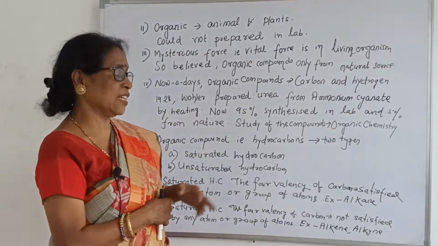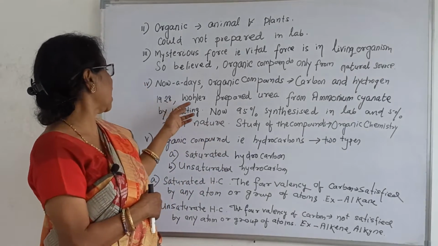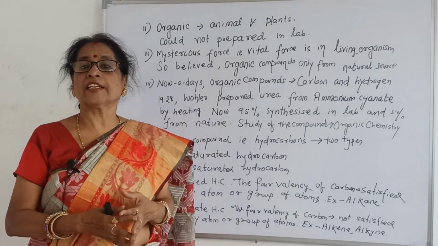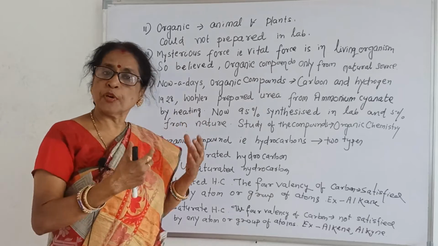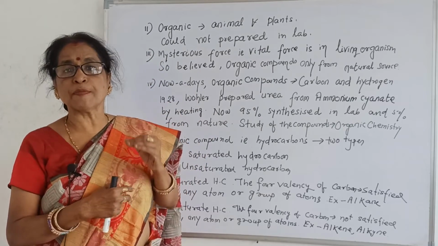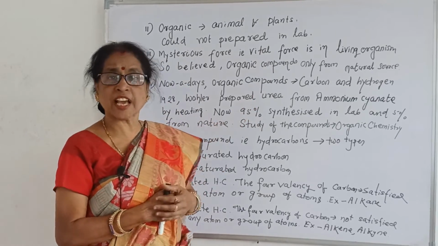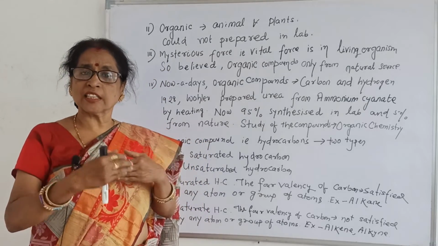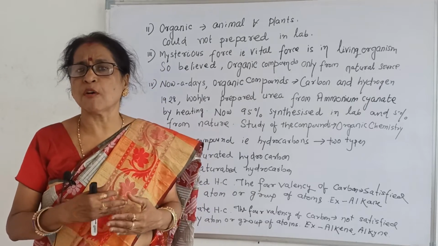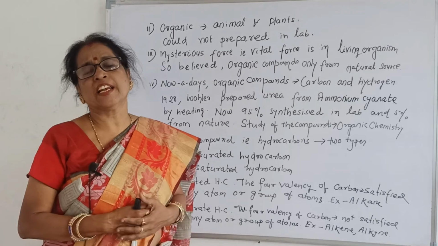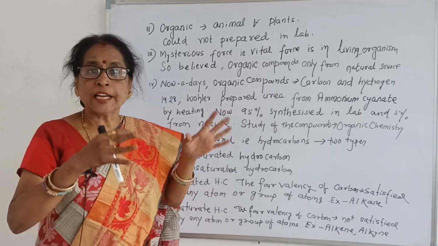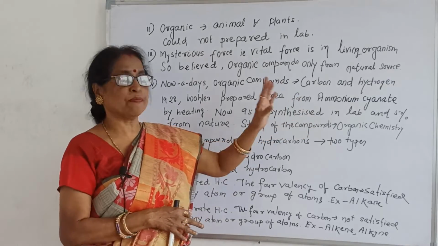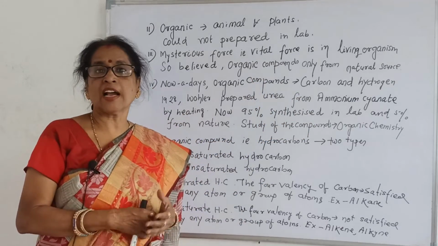But in 1928, Wohler, the scientist, proved that urea, a pure organic compound, can be prepared by heating ammonium cyanide. After that, gradually so many organic compounds were synthesized in the laboratory. Till now it is proved 95% are synthesized in the lab.